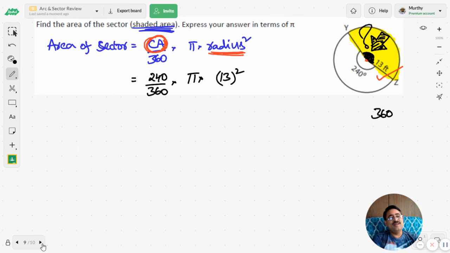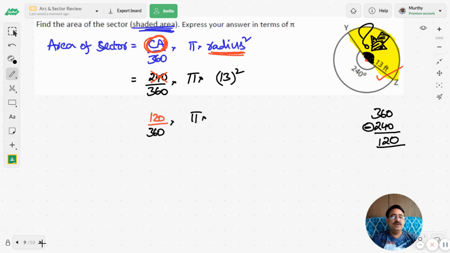If this angle is not given, take away the given angle from 360. Purposefully I copied 240, but this is not the central angle. The correct central angle is 120. The rest of the calculations are the same.